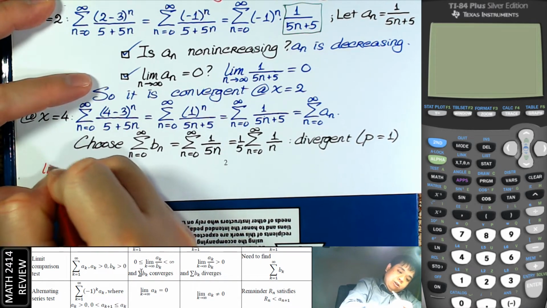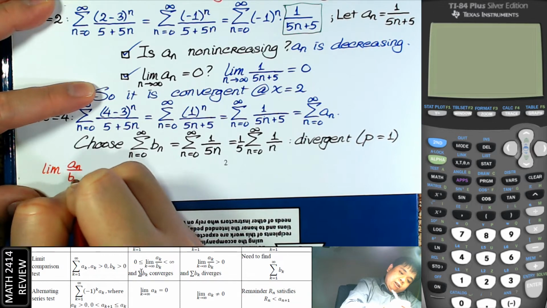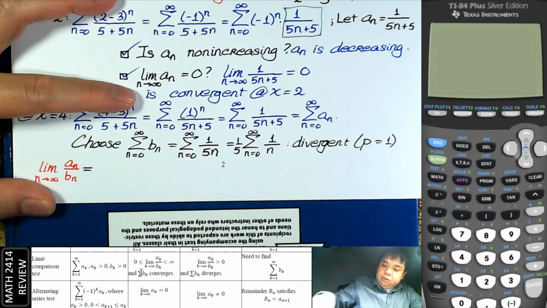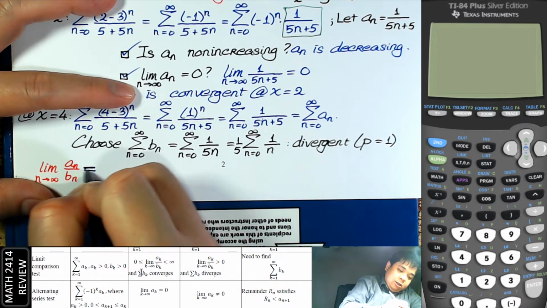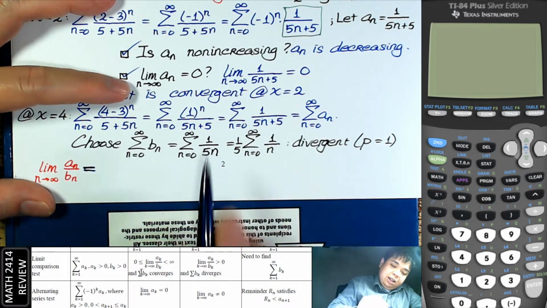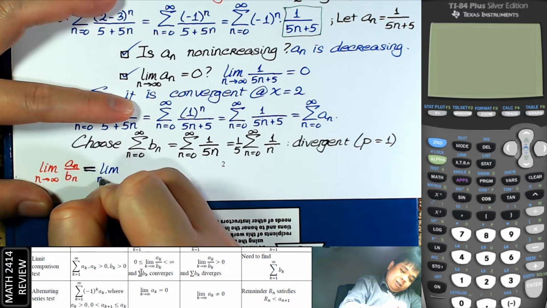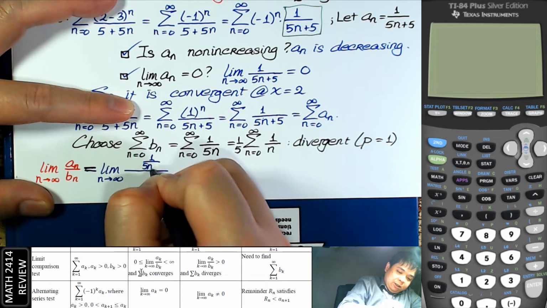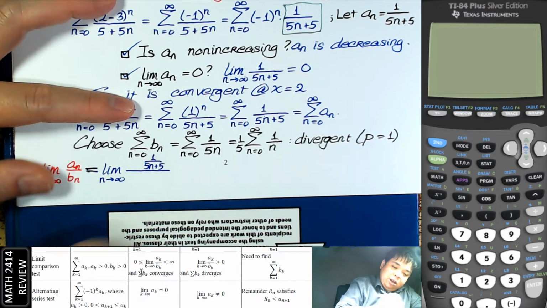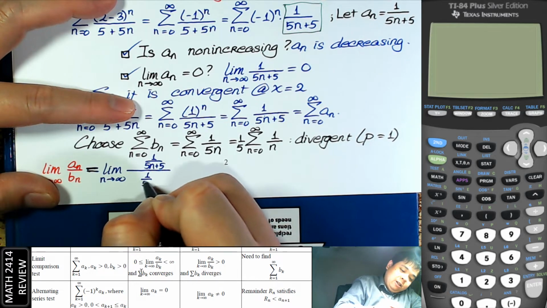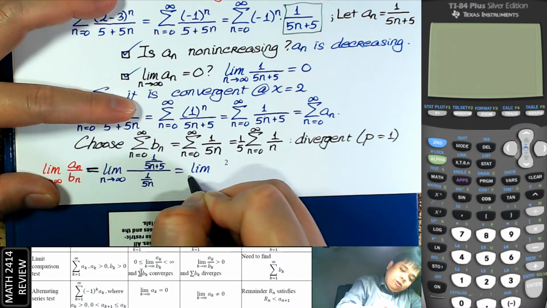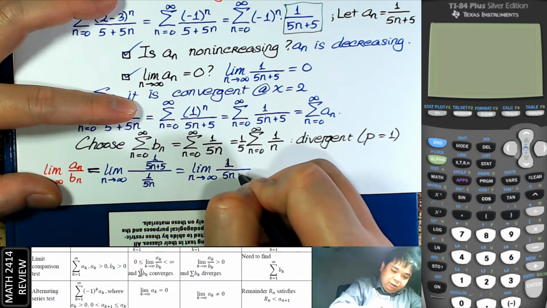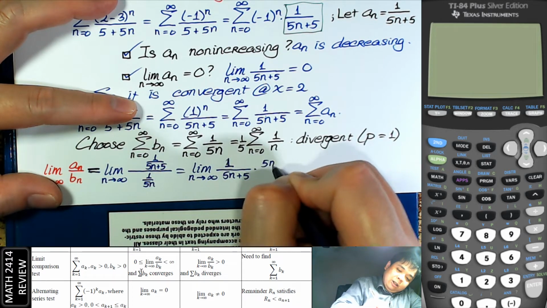So we have the ratio of a n over b n as n goes to infinity. a sub n is 1 over 5n plus 5, and then b is 1 over 5n, multiply by the reciprocal. 1 over 5n plus 5 times 5n over 1.